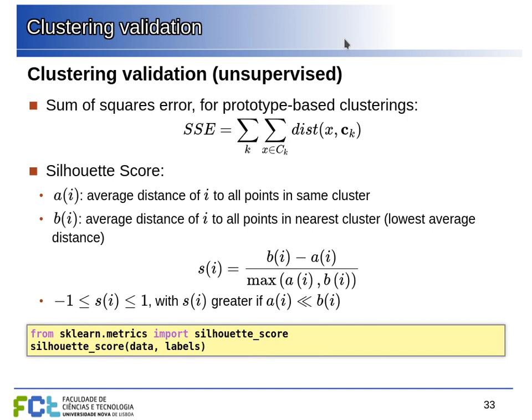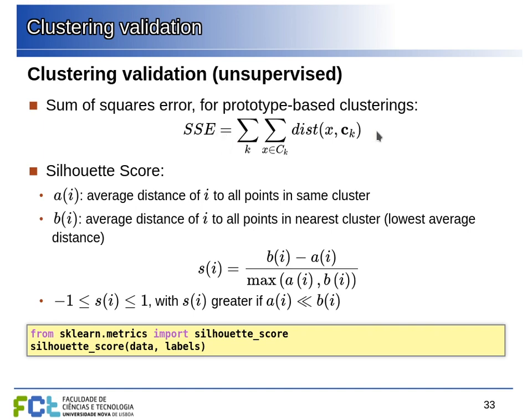If we are using distance, we can use the squared distance, for example, between points and the prototype, and we have this sum of squared errors, summing over all the clusters the distance between all the points and the prototype of each cluster.